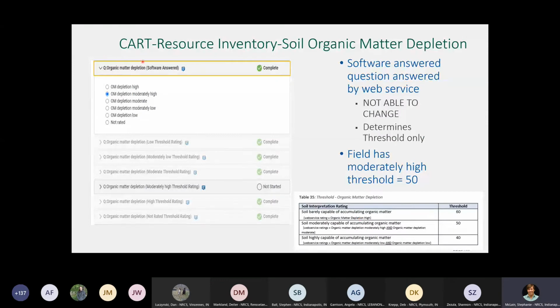Again, just a reminder, so we have a software answered question, right? In the background, CART is looking at those soils, that NRCS data, those inherent soil properties that we talked about, to then determine if a PLU that you're answering the assessment on has high, moderately high, moderately low, or low depletion potential.